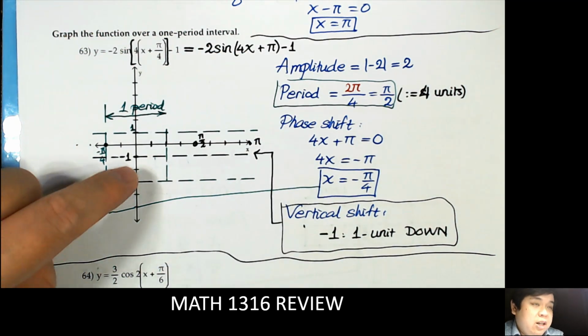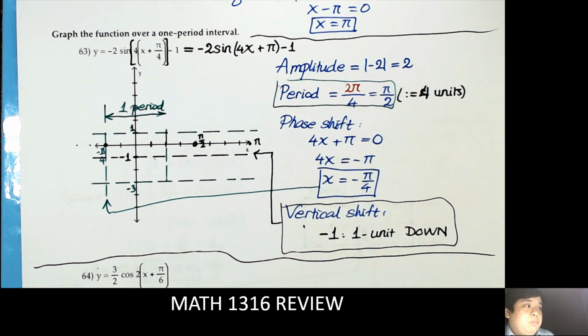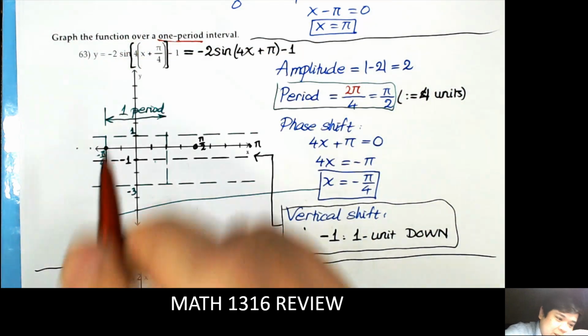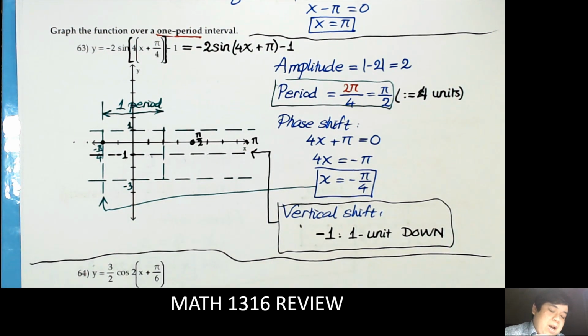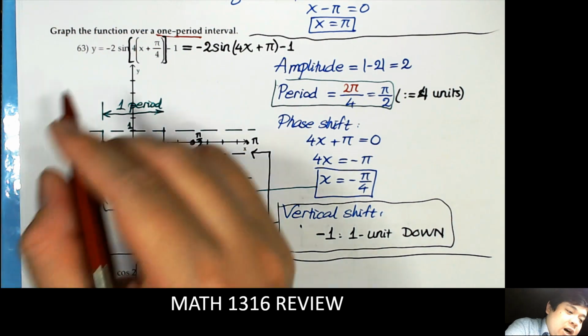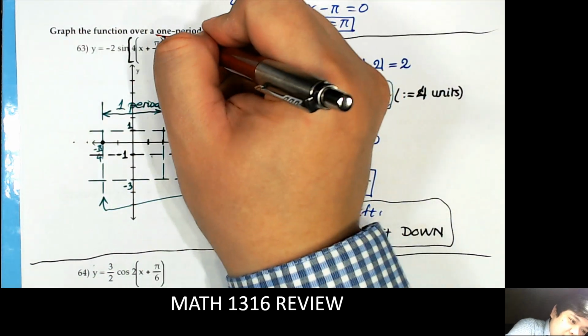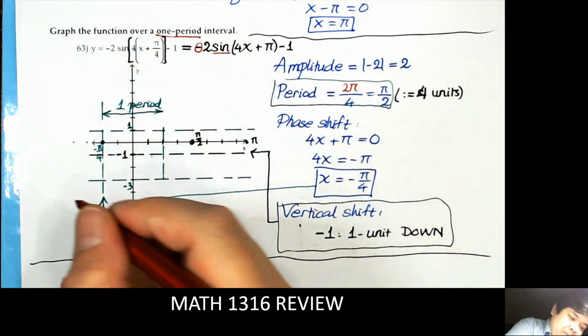So the graph will fit inside that box, and I would just copy and paste throughout the interval. But this one we only graph 1 period. So that's all we need, the graph inside that period. So we don't need to copy and paste. Right. This is negative sine.